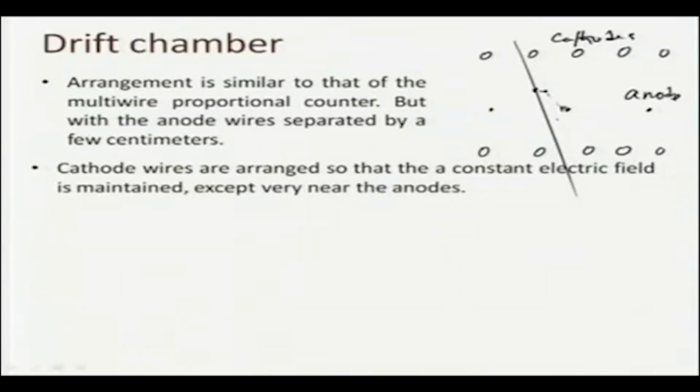But since the distance between the anodes is large, the primary electrons are produced away from any of the anodes, and they will slowly drift because the electric field is constant and low. They will slowly drift towards the anode for some time, and it takes a little while for them to attain the energy needed to have the avalanche, to create secondary or further ionizations. It takes a little time.